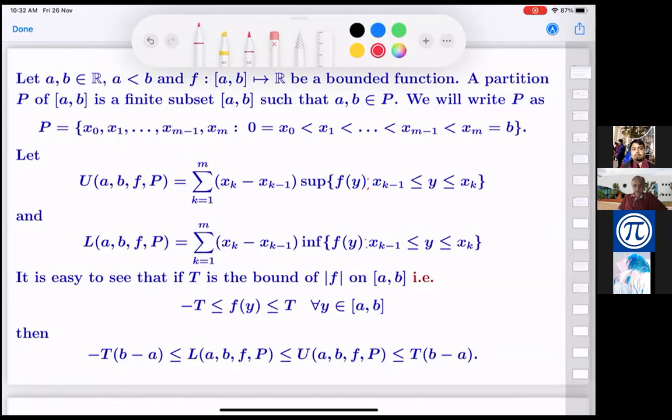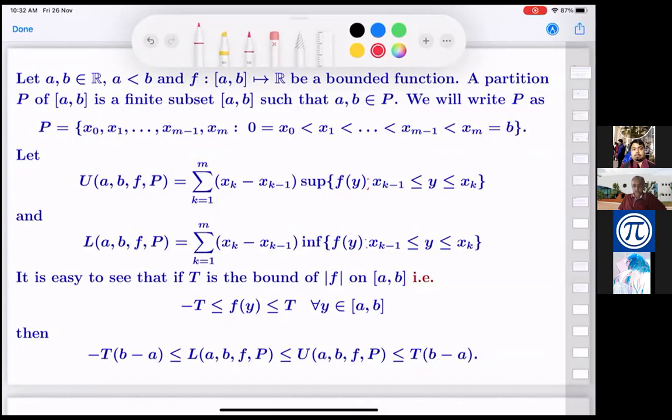Now, the upper bound on the interval a to b of the function f with the partition P. So we have four things: a, b, f, P. The partition P and function f both also depend on a to b, so a, b is unnecessary in some sense.